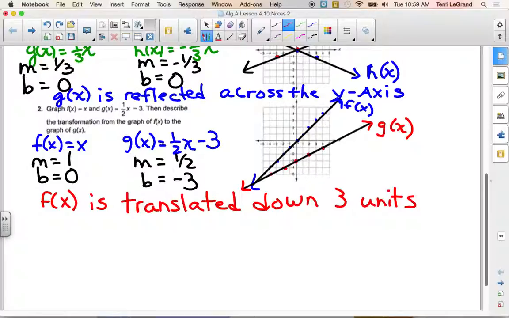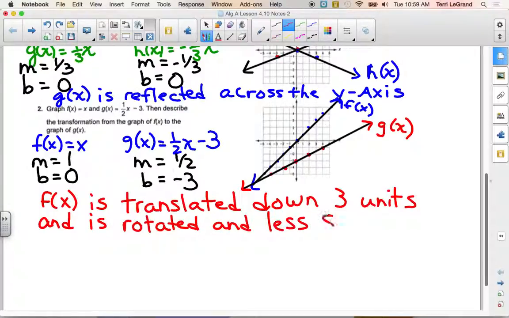You're going to say up or down. So it went down 3 units and is rotated and is less steep.